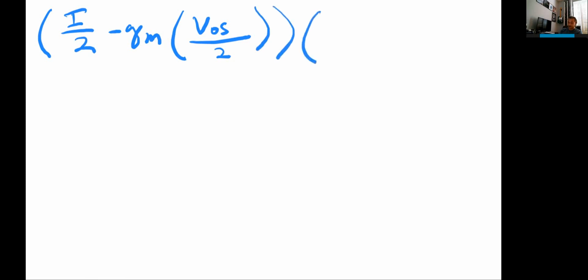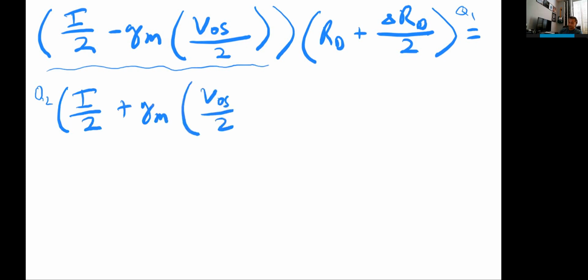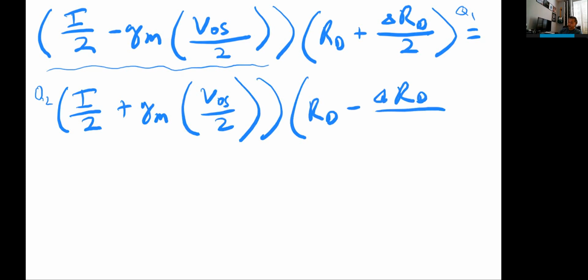So this is the current here. And now this is the RD with the built-in differences. So this first expression is for Q1, and now for Q2, I have a similar expression.